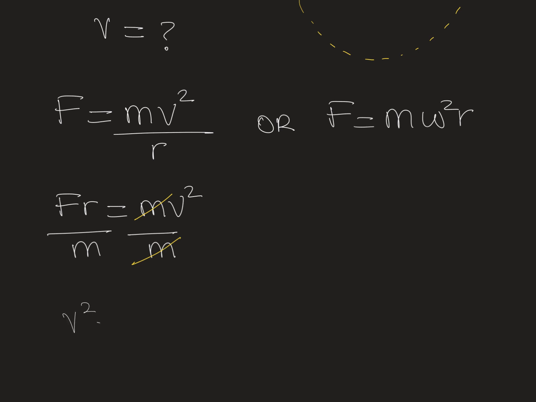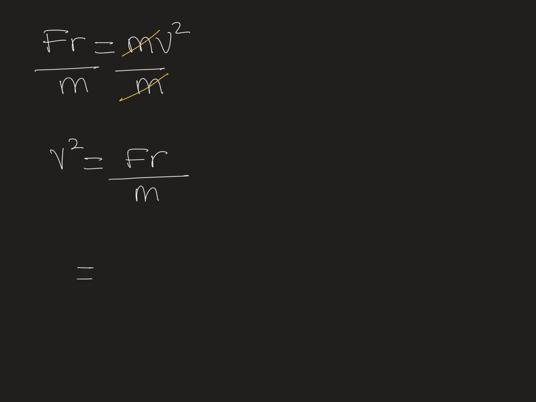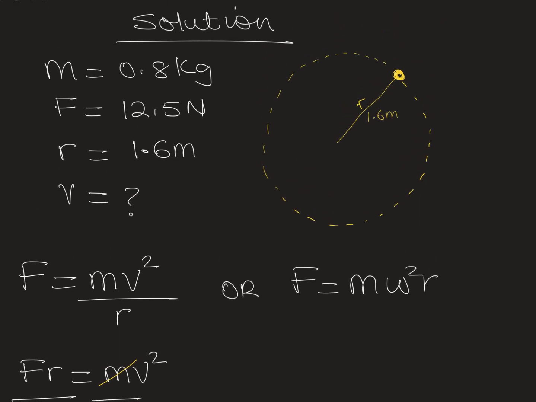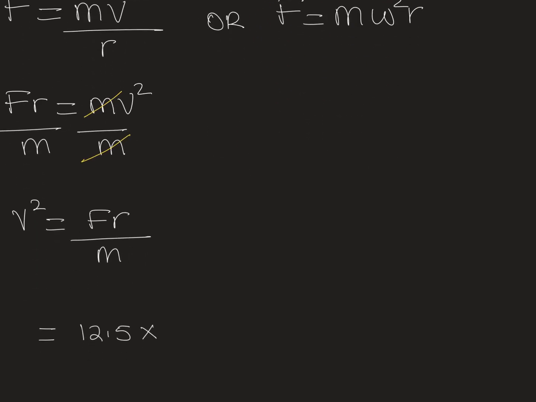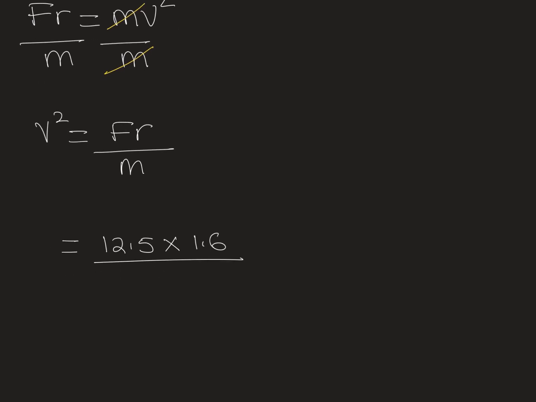Therefore, v squared is equal to Fr divided by m. So we can substitute the values. The centripetal force is 12.5 newtons multiplied by the radius, 1.6 meters, divided by the mass, 0.8 kilograms.